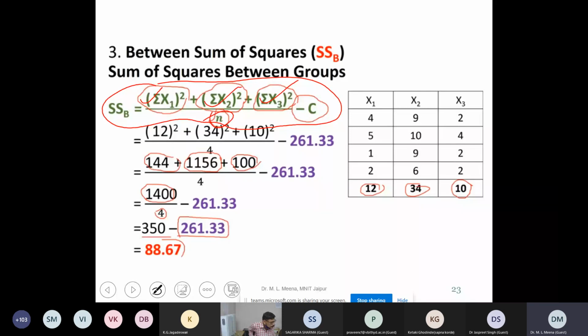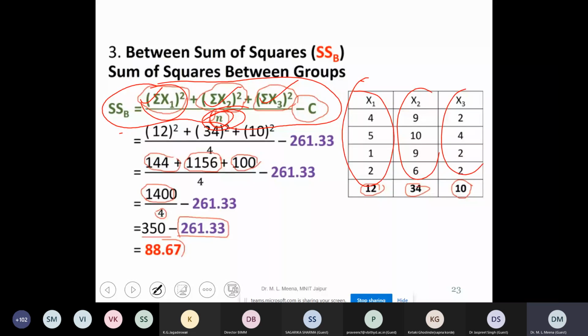In this case, the number of observations is the same for all groups. Then individually we divide each by that number, and the final result is 350 minus 261, and we get SSB equal to 88.67.